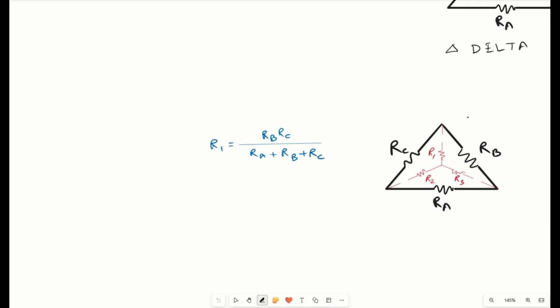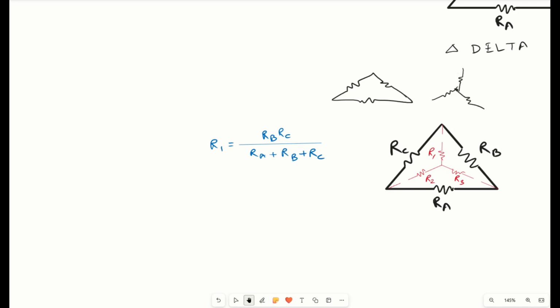Here, the black ink is the delta and the red ink represents the term which we are going to convert. That means we are going to convert this delta into a star form. In simple words, we are going to convert this circuit into this.